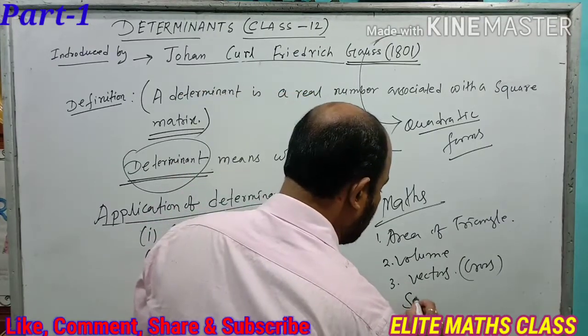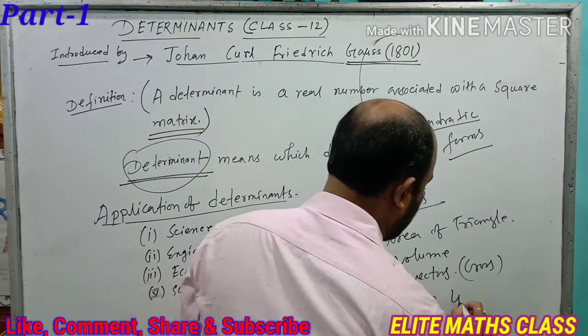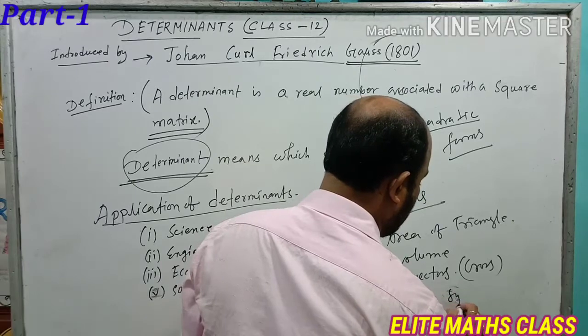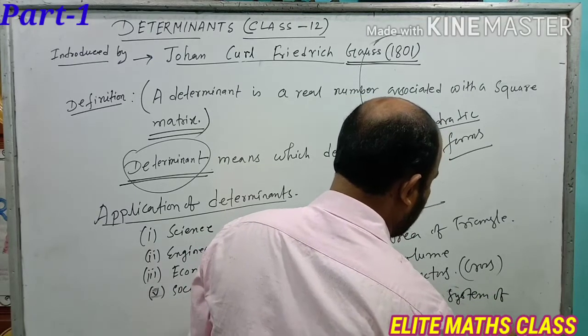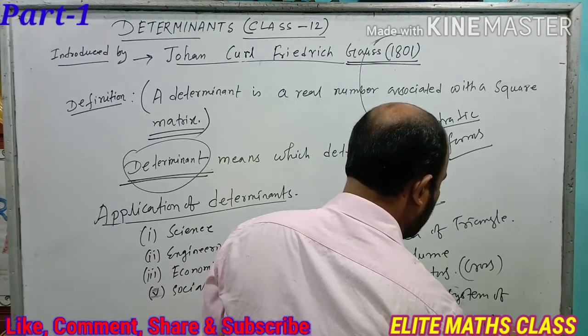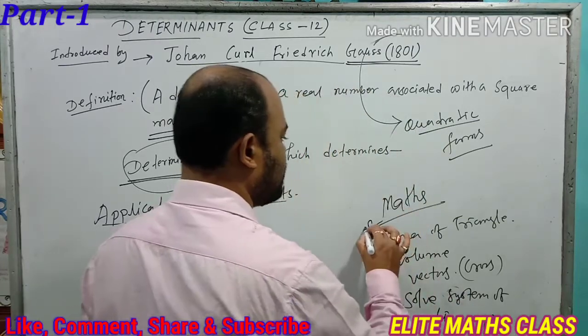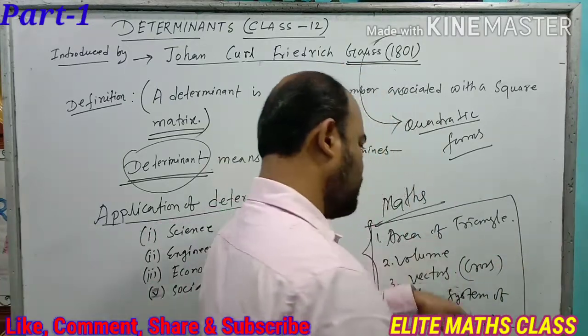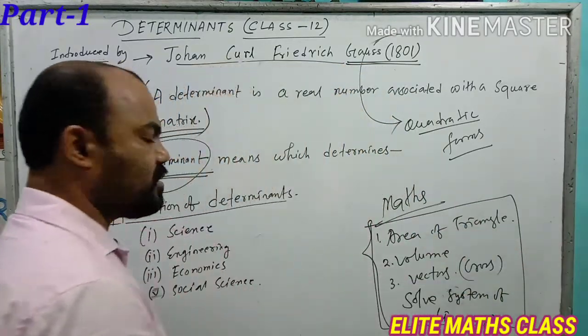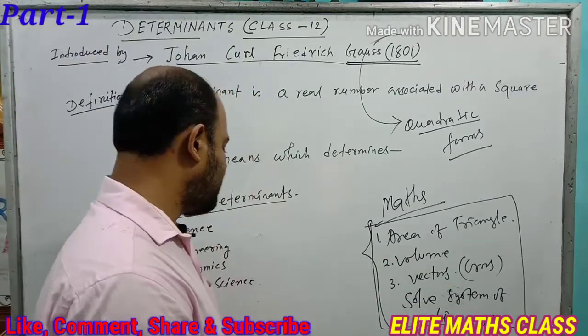Then the most important one, you can solve a system of linear equations using determinants. So these are the uses of determinants in mathematics, and there are lots of uses in complex numbers also.